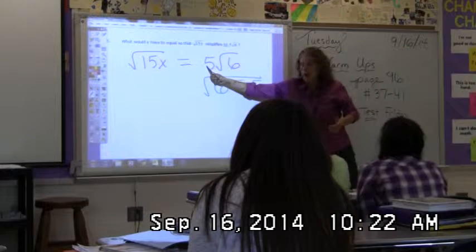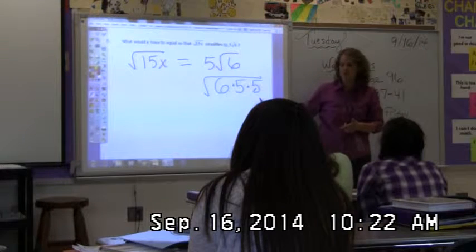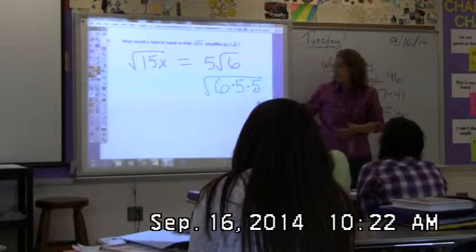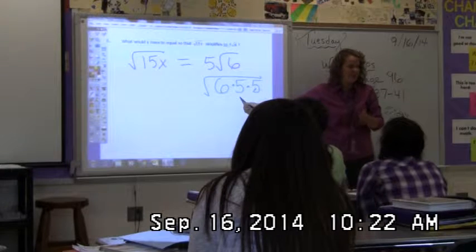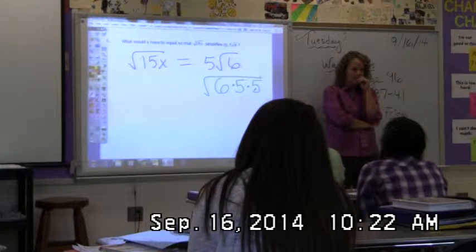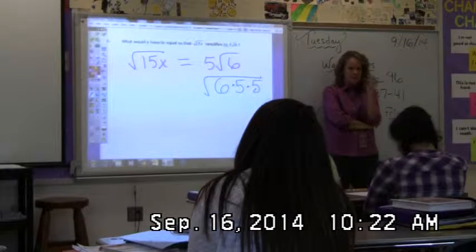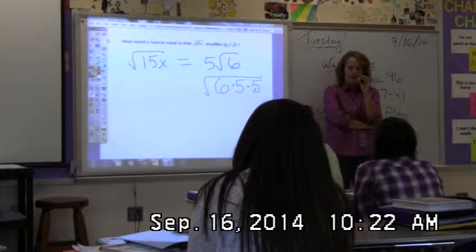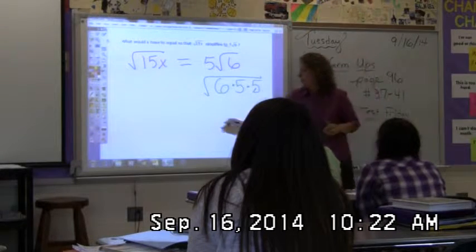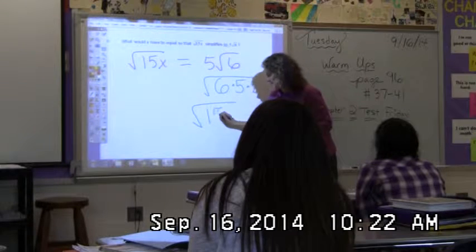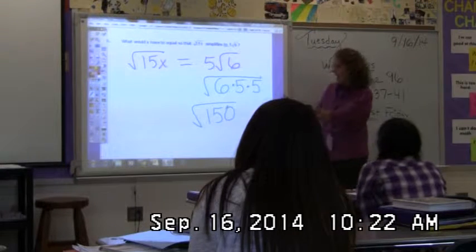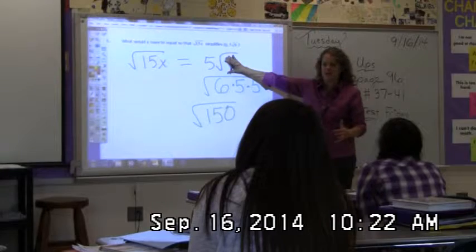If he got to go out, there must have been 2 factors of 5. Now what's 6 times 5 times 5? 150. It is. Okay, so the square root of 150, that was the original problem that simplified to this.